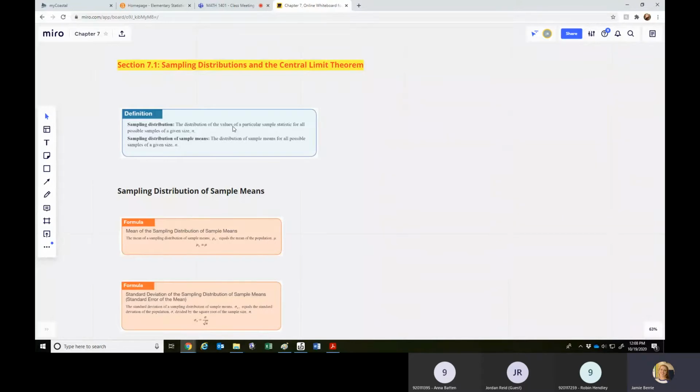And then a sampling distribution of sample means is just a specific definition for when you do a sampling distribution and you figure out what the mean is for each of the samples. It says the sampling distribution of sample means is just the distribution of sample means for all possible samples of a given size n.